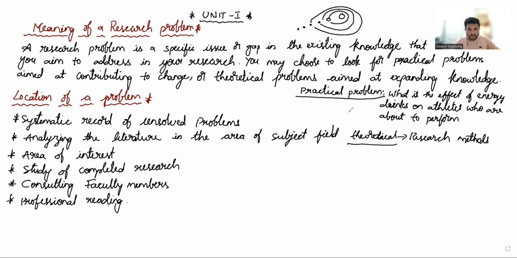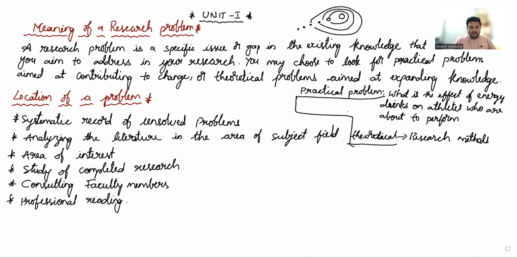So this is the meaning of a research problem. Now let us see the location of a research problem. What do you mean by the location of a research problem? The location of a research problem is where you have to find where there is a gap in the knowledge.